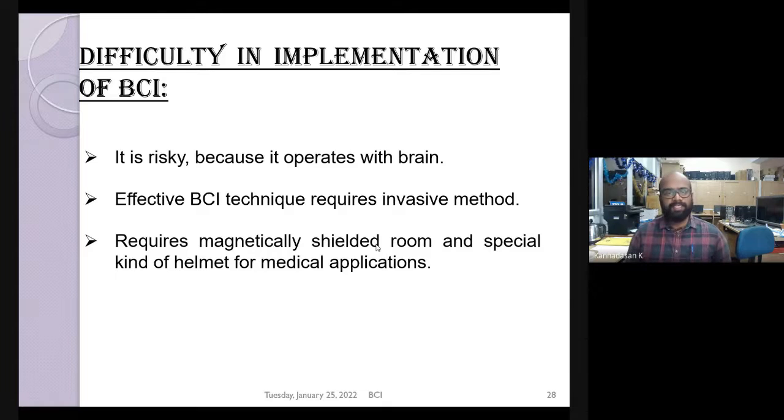With non-invasive BCI, there is no such disadvantage. You can just proceed. Whatever is listed here is general, so including invasive BCI, these are the disadvantages, difficulties. For non-invasive, there is nothing. You can just easily fix the electrode on your scalp and proceed with whatever application you are trying to work with.